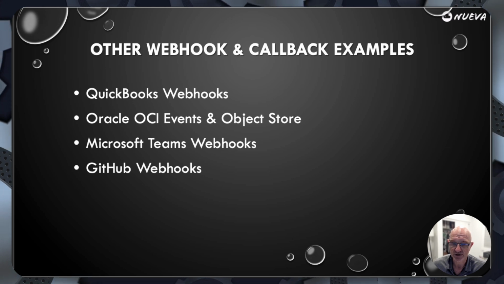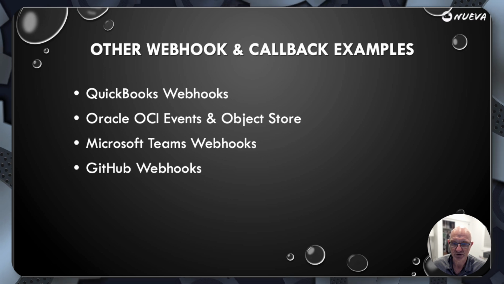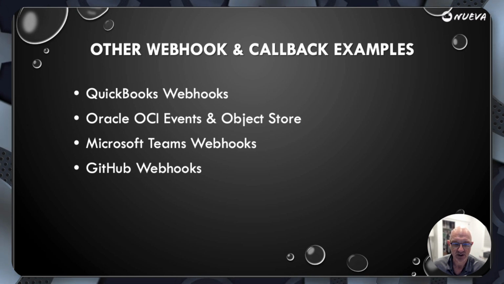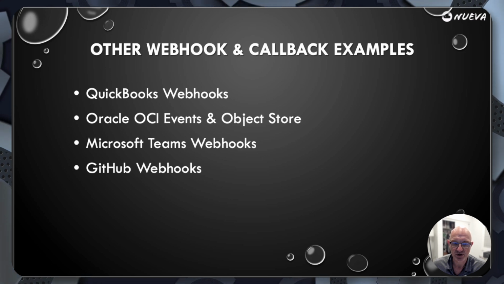This is great for loading files, because whenever that file hits Object Store, it calls your ORDS web service to tell you that file's been loaded. You can then call back to Object Store, grab that file and load it into your database. I've also been involved with other examples like Microsoft Teams webhooks and GitHub webhooks.